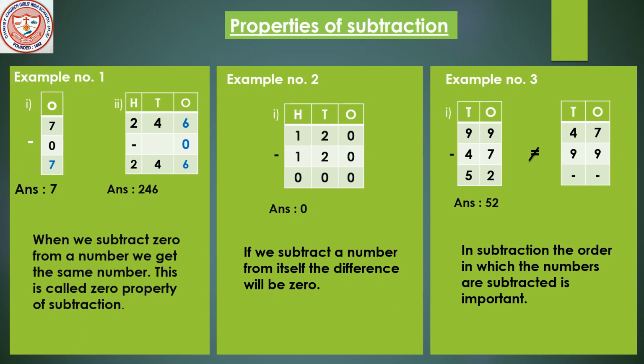Now, look at this example. 99 minus 47. It means subtract 47 from 99 and the difference is 52. But it is not possible to subtract 99 from 47.